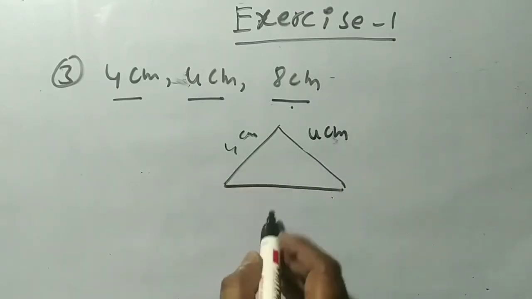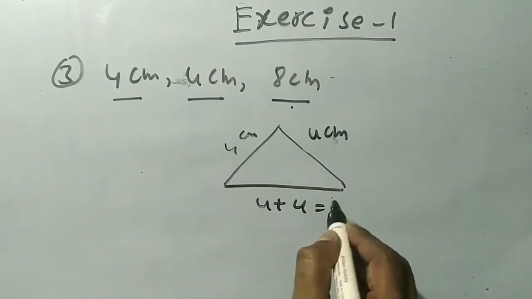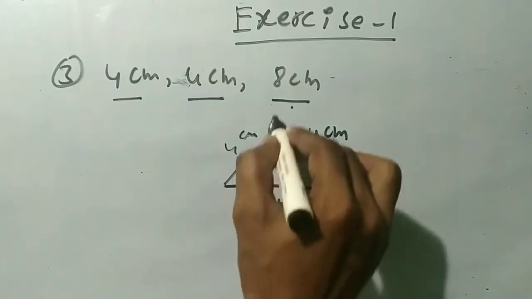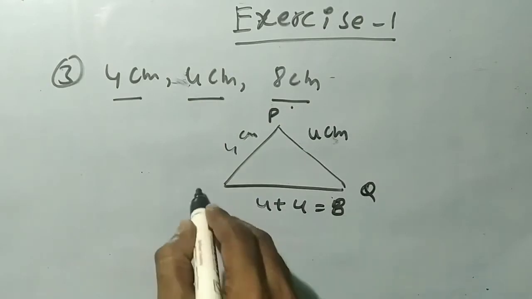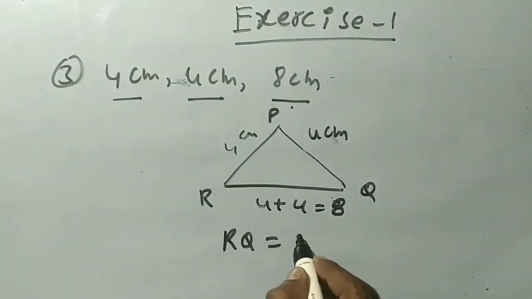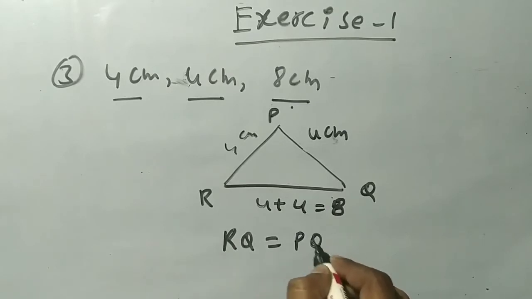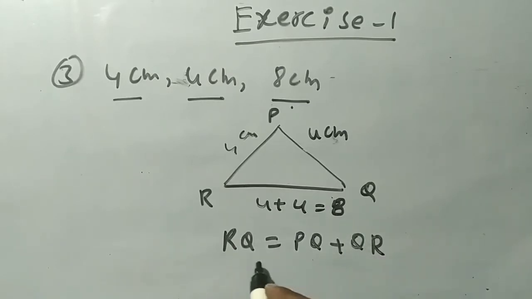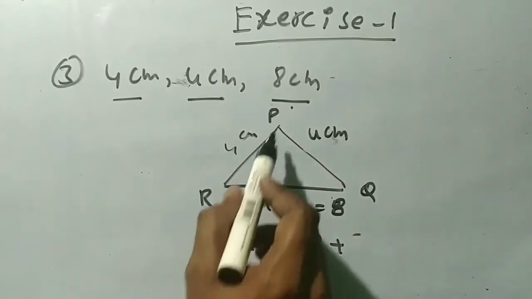So here 4 plus 4 is equal to 8. For the triangle PQR, RQ is equal to PQ plus QR, and another one, PQ, PR.